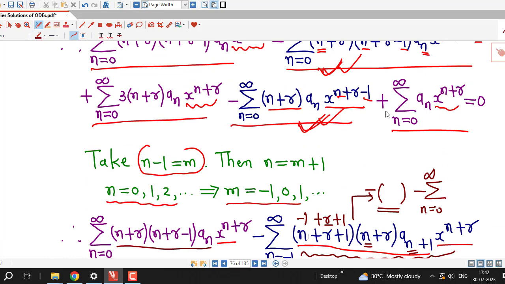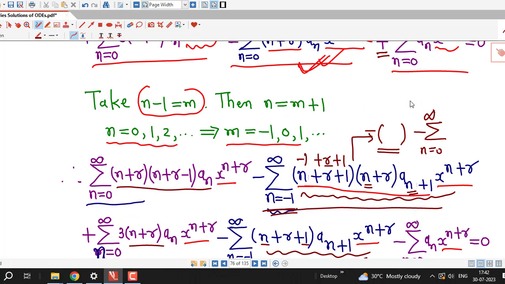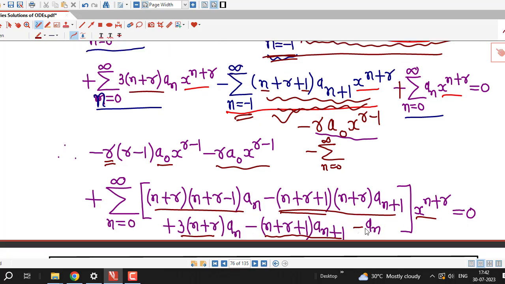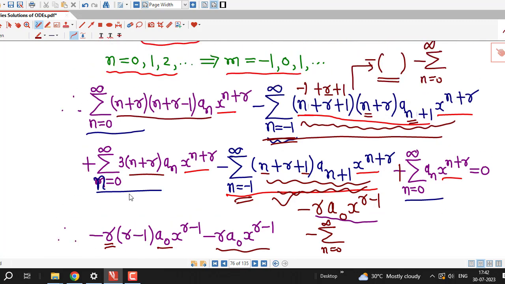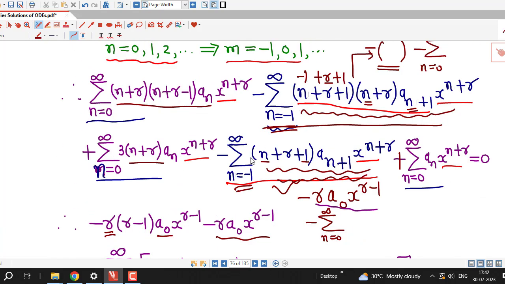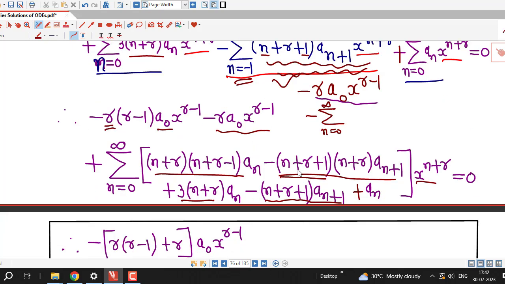Just a minute, this is plus sigma a n x raised to n plus r, so I must write plus here, and therefore here also it is positive sign. So plus a n x raised to n plus r, sigma n equal to 0 to infinity, and these two we have already written. So for these two we have negative sign that we have written here.